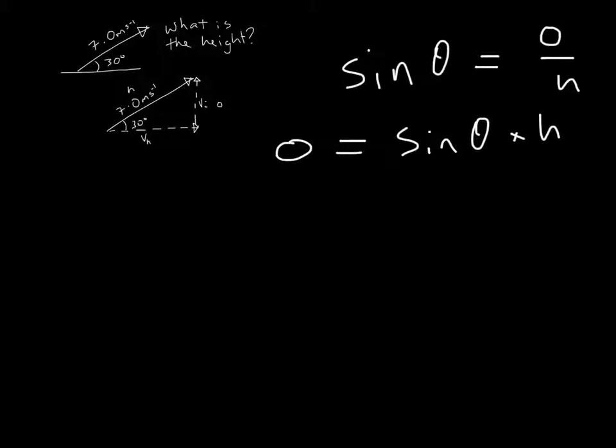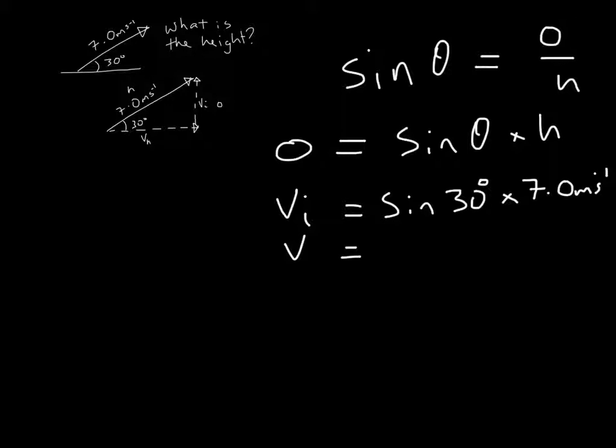In this case, the opposite is my initial velocity, and it's going to equal sine 30 times the hypotenuse, 7.0 meters per second. For those of you who know off the top of your head, sine 30 is 0.5. I'm going to times that by 7, and here we get 3.5 meters per second.